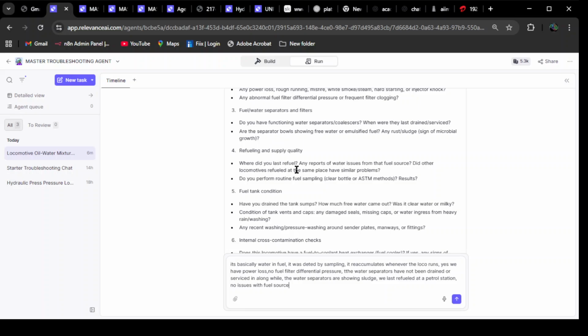Did other locomotives refueled at the same place have similar problems? No, no other locomotives have similar issues. Do you perform routine fuel sampling? No routine fuel sampling done recently.